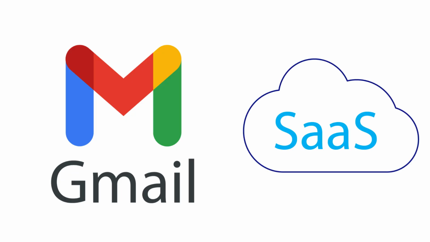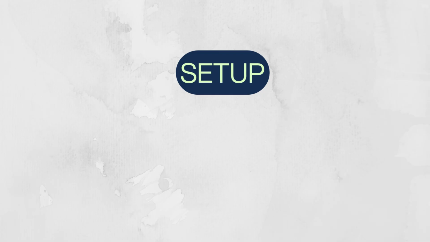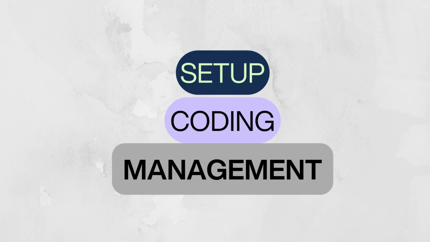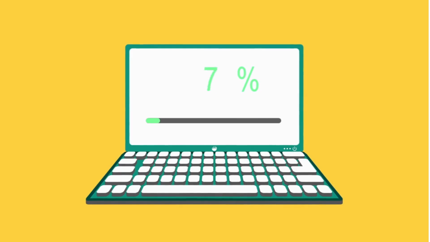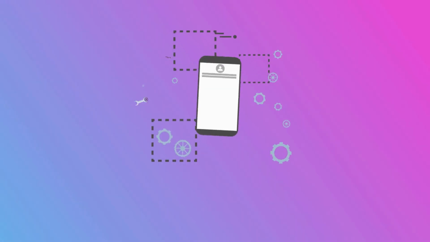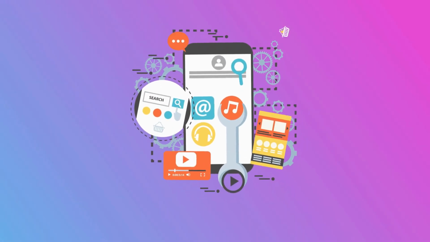Gmail is a software as a service application developed by Google for end users. There is no setup, no coding, and no management required. You simply create an account and start using it. Instead of downloading these applications onto your local machine, you can access them online by just logging in.